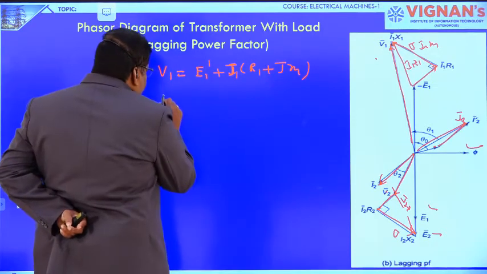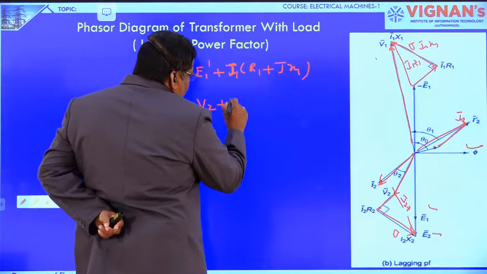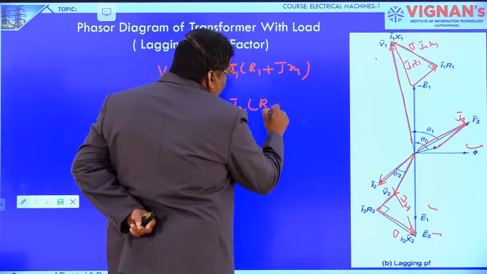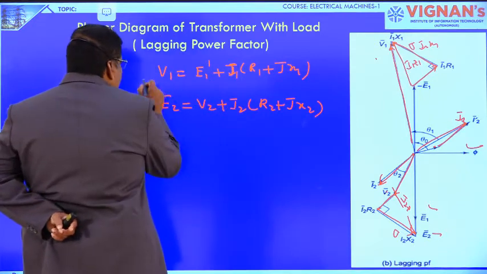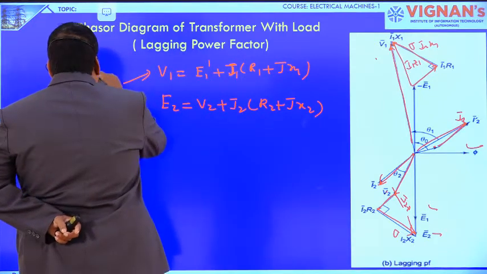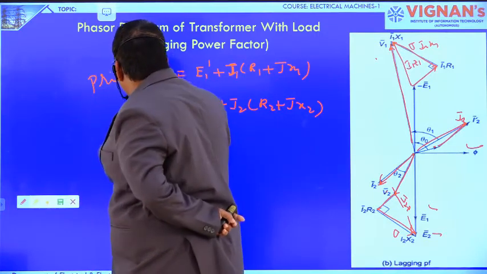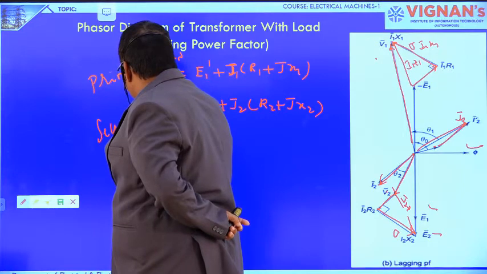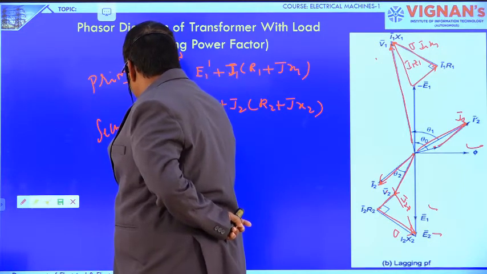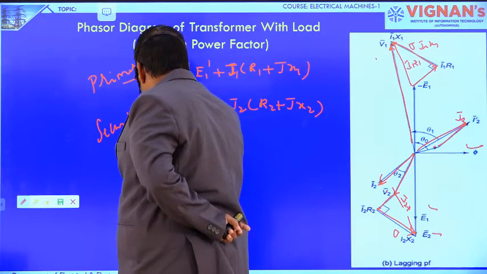If you write the voltage equation at the secondary side, E2 equal to V2 plus I2 into (R2 plus jX2). This is for the primary winding, and this is for the secondary winding of a transformer.